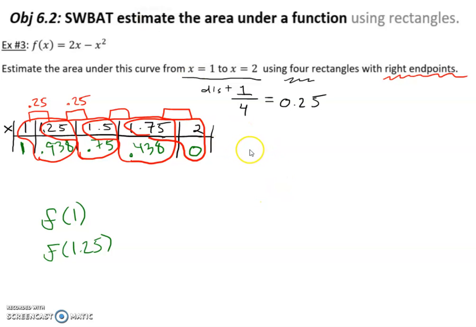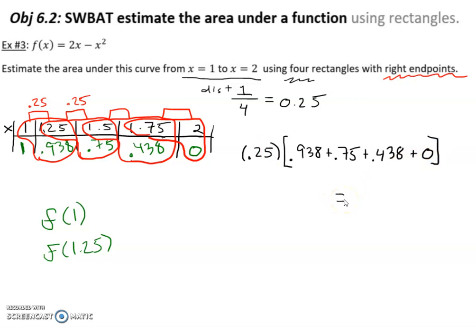So our approximation here is going to be all of our base times height. I'm going to think ahead a little bit. Since all the bases are 0.25, I'm going to factor that out to save myself some time, and then just add up the heights. So 0.938 plus 0.75 plus 0.438 plus 0.